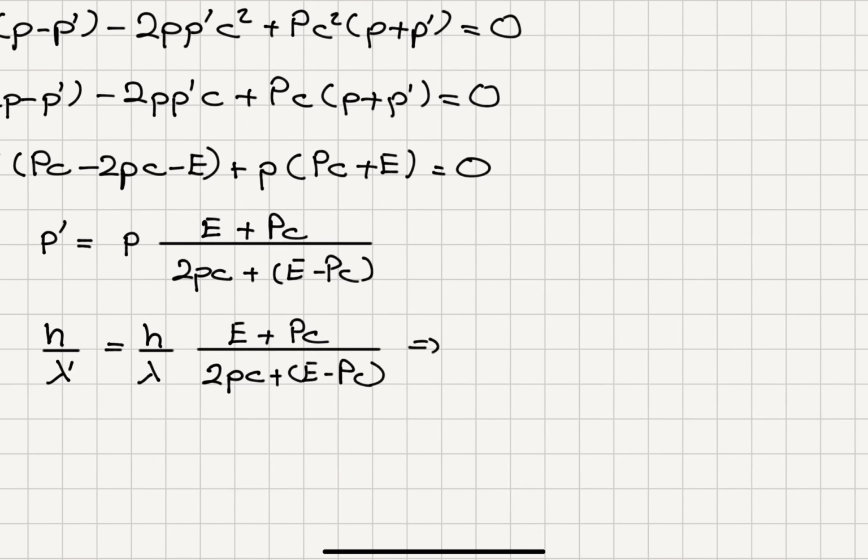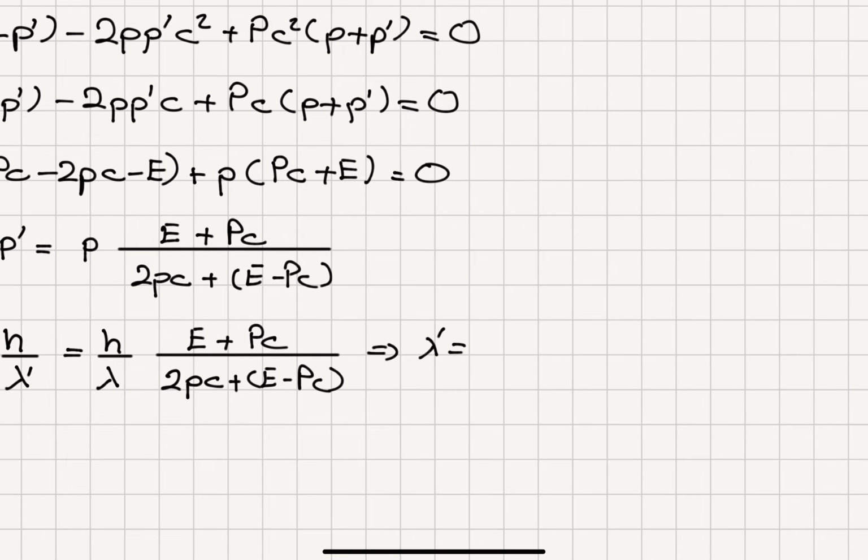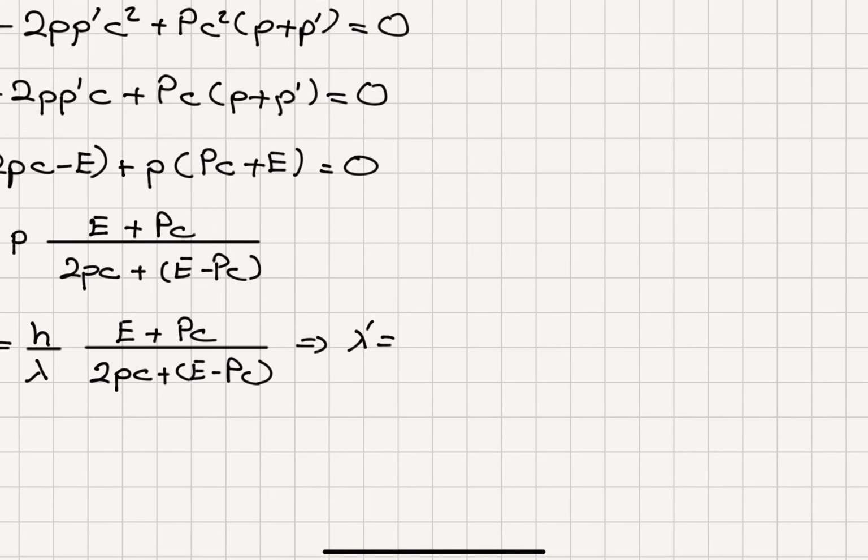So this tells me that lambda prime can be written as, if I take the reciprocal of both sides, lambda times (2pc plus capital E minus capital P c) divided by (capital E plus capital P c).